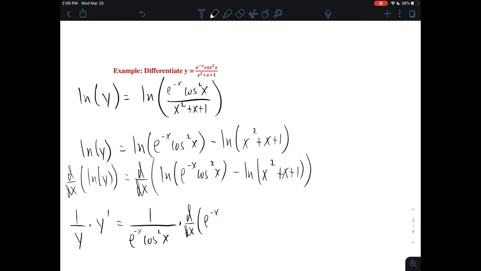Notice how this is exactly like what I wrote on the left-hand side. 1 over something times the derivative of that something. So with this next logarithm, 1 over the thing that's on the inside, so 1 over something, times the derivative of what's on the inside.